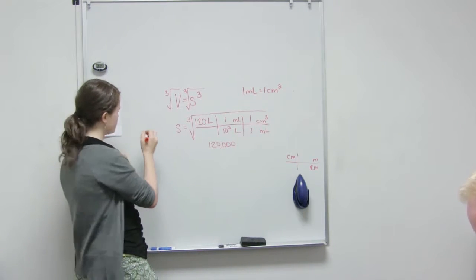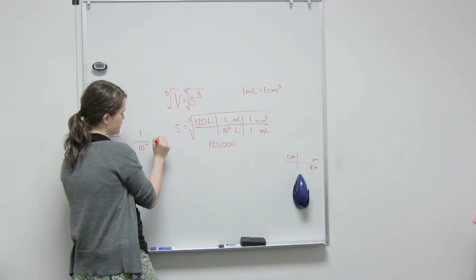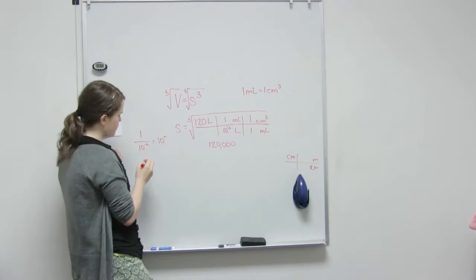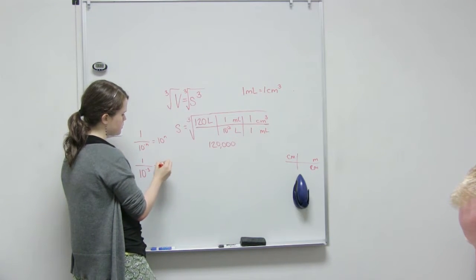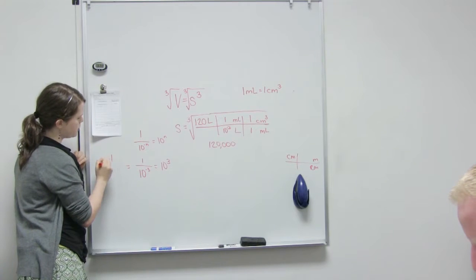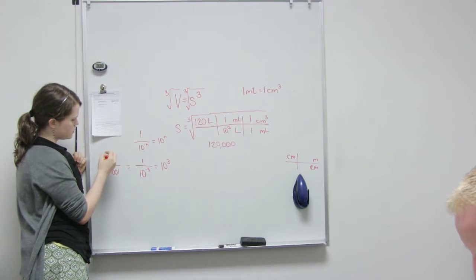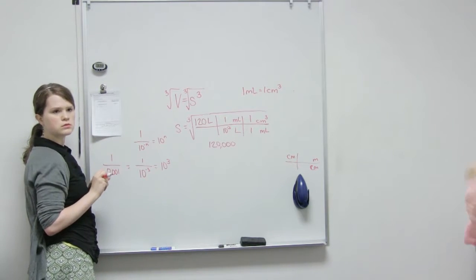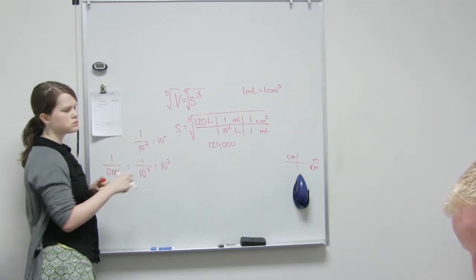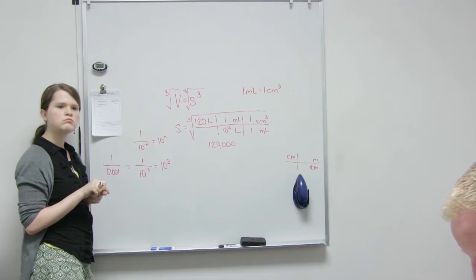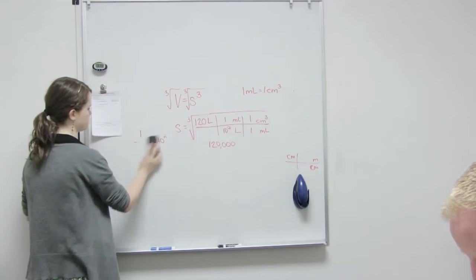It was so confusing, that 1 over 10 to the negative n equals 10 to the n. Because this equals 1 divided by 0.001. So I did 120 times 10 to the third. It's just that whole reciprocal.